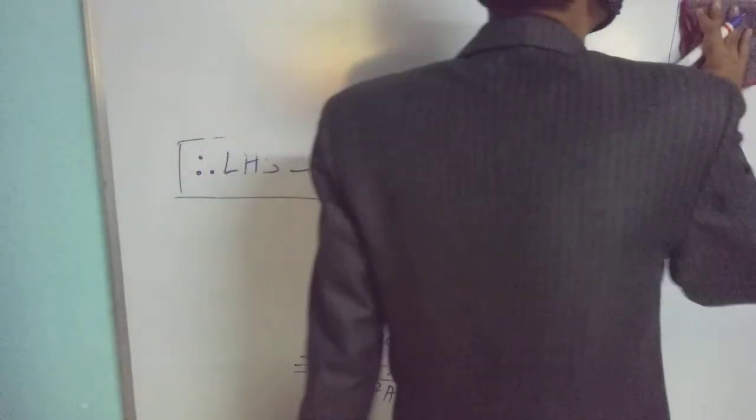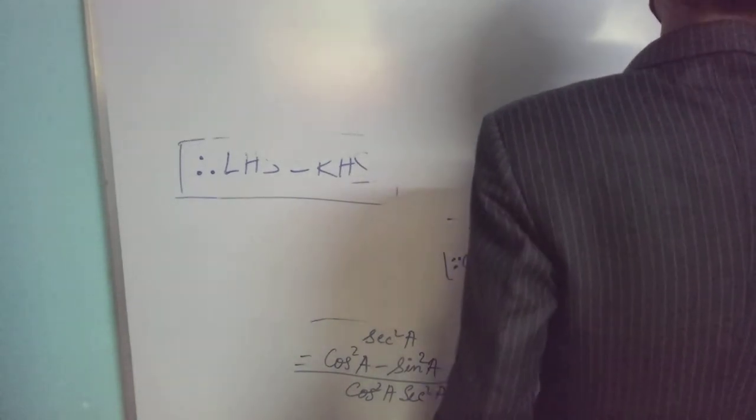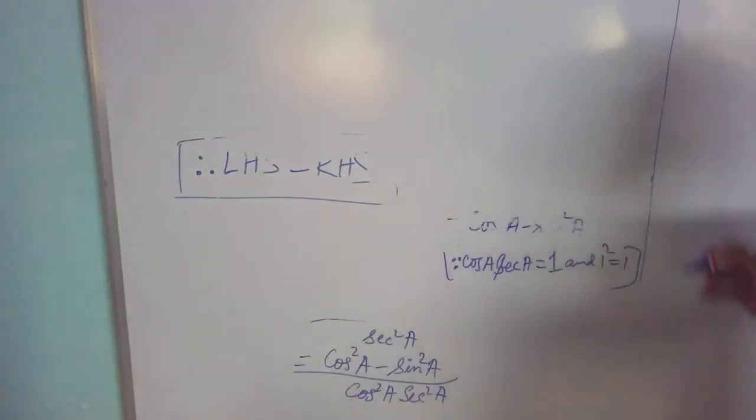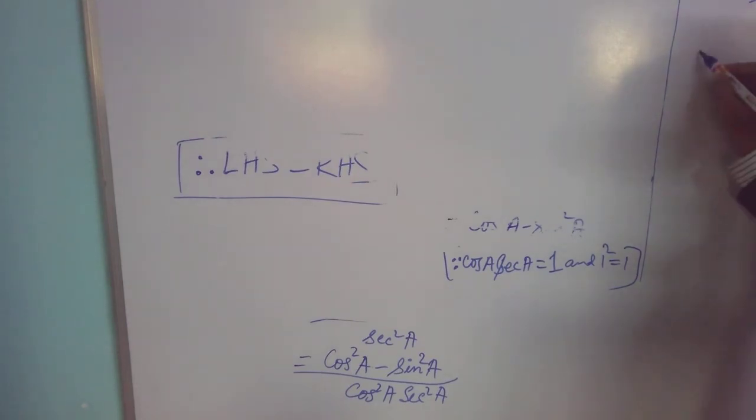So here we have one right angle triangle, which is right angle at B. Now we have tan A equal to 1 by root 3. Tan A means perpendicular by base. For angle A, this is the perpendicular and this is the base.